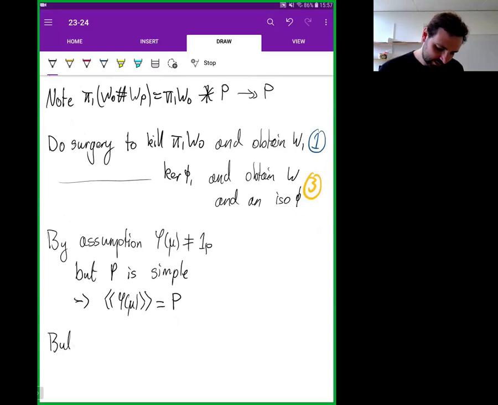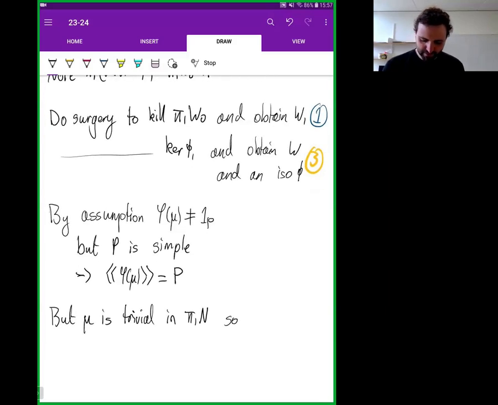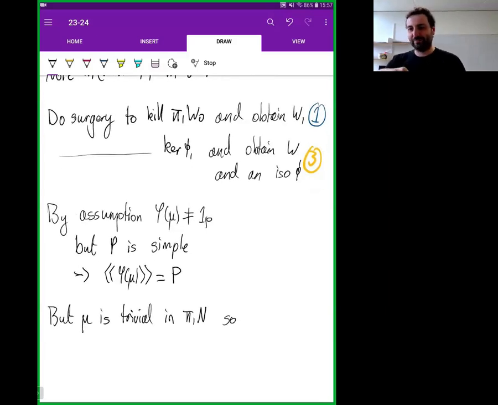But mu is trivial in pi1 of N, because pi1 of N had this disk that was killing the meridian, because it was the disk bundle, if you thought of it that way. So actually, we're going to end up killing P, is the point.